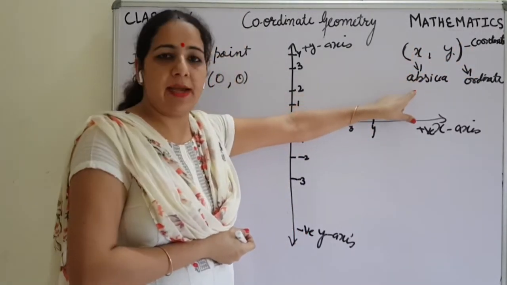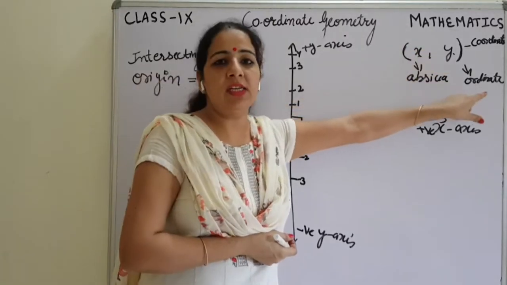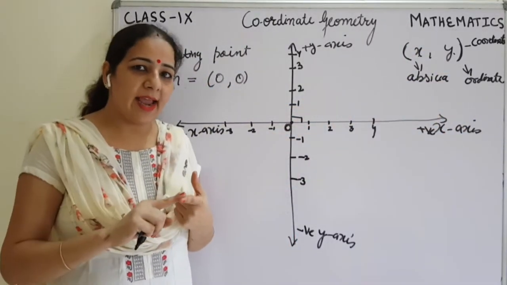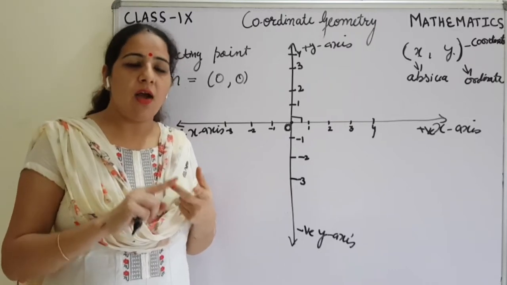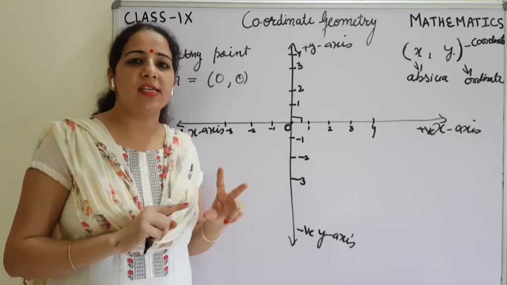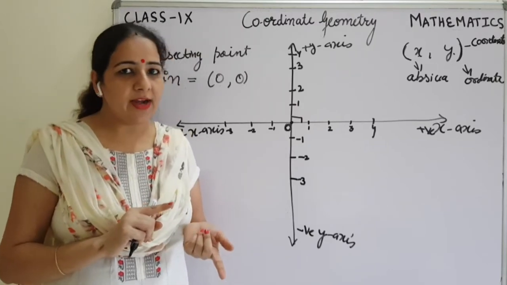Only x means abscissa, only y means ordinate. Fine. So just tell me again, x point means abscissa, y point means ordinate, and the points together are known as the coordinate. Fine students.